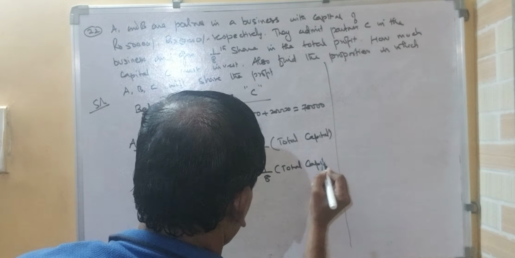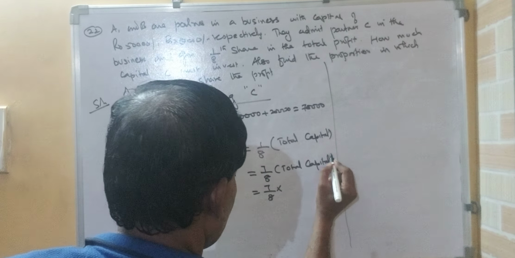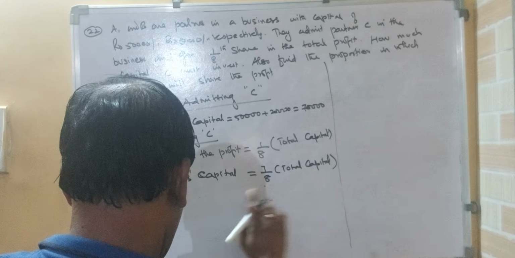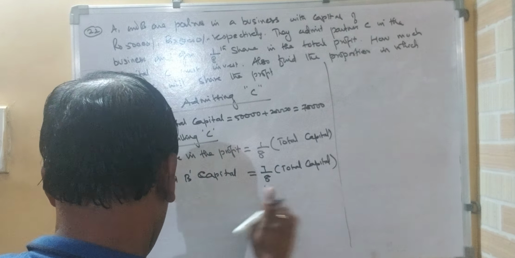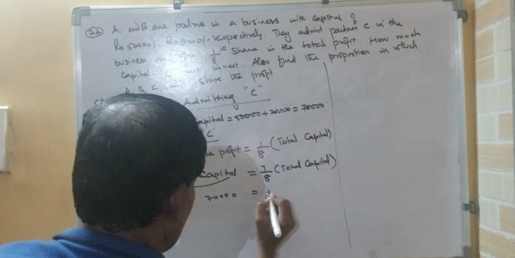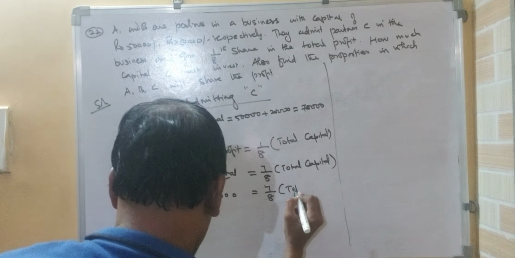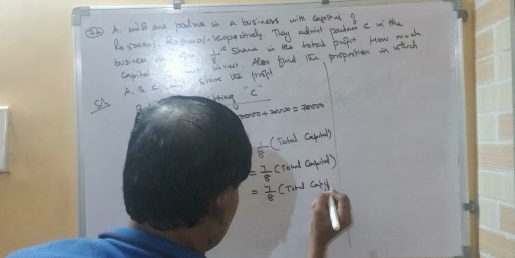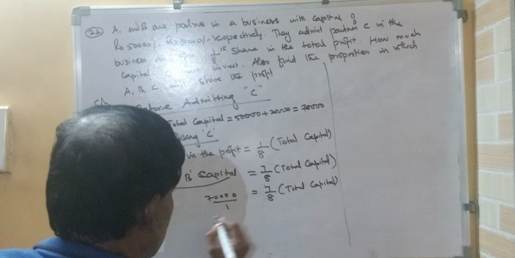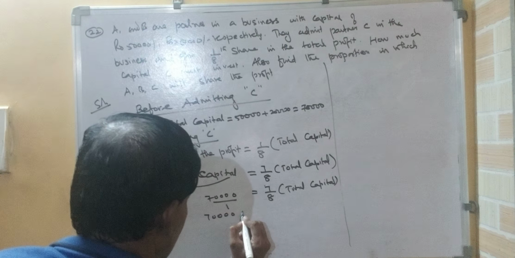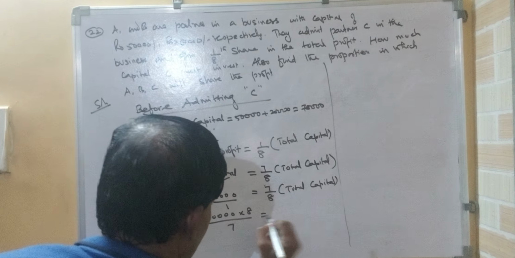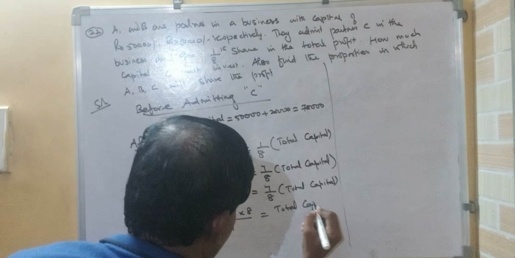So what is the total capital? 70,000. So what is A and B's capital? 70,000 equal to 7 upon 8 into total capital. So 70,000 into 8 upon 7 equal to total capital.